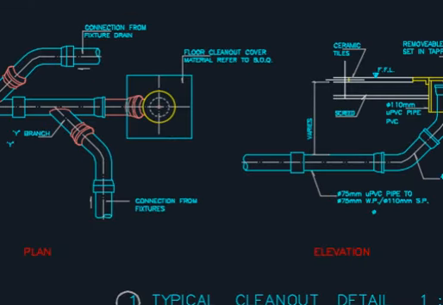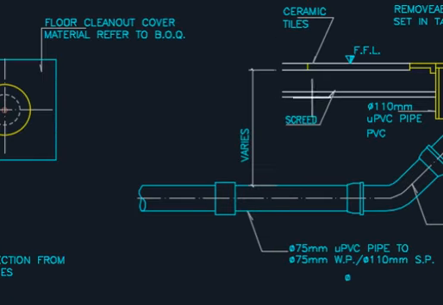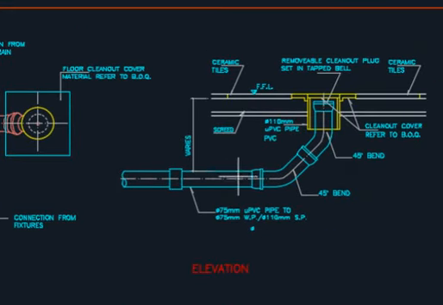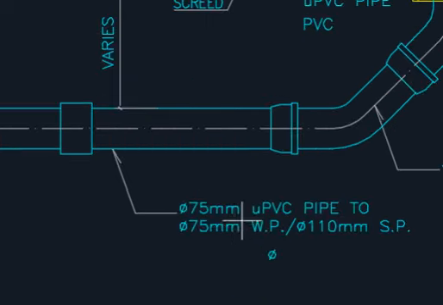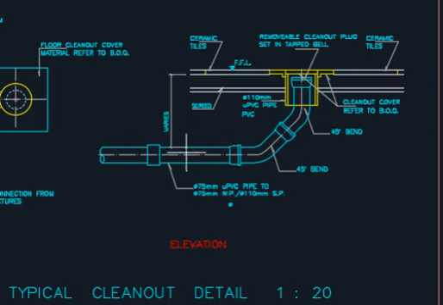This is the finished floor, and the section cutting is here. It varies, so it's different here. As a thumb rule, approximate it at a 1% slope. UPVC pipes of 110 or 75 will be used. So this is a 75 bend. So these are the clean out specifications.